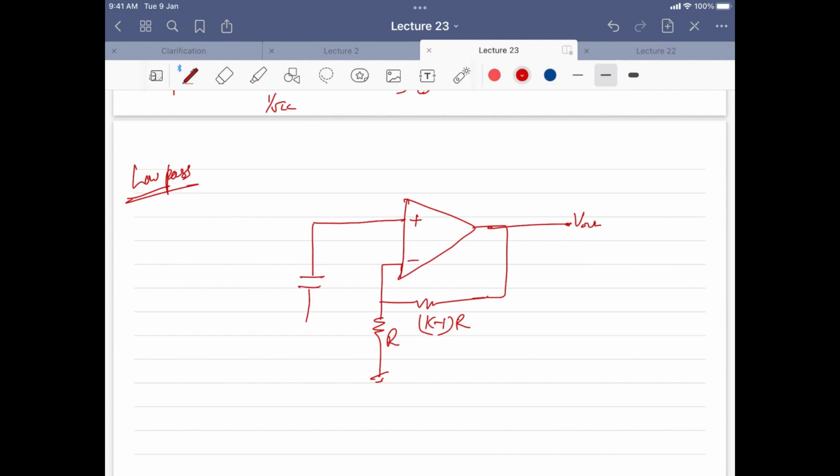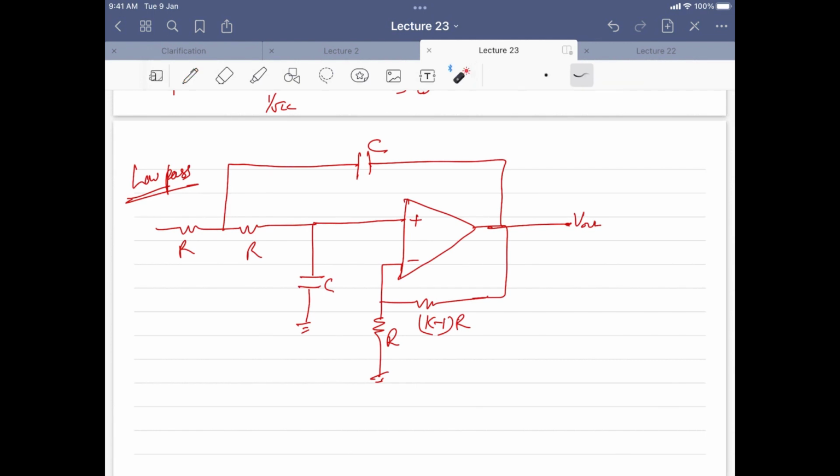So here you have, let us say, this as C, then you have R, then you have R here, and then you have a capacitor like this. Let us say both of them have the same capacitor, the values of both are C only, and all these are the same R except this one. Now this is your V in, this is your V out.